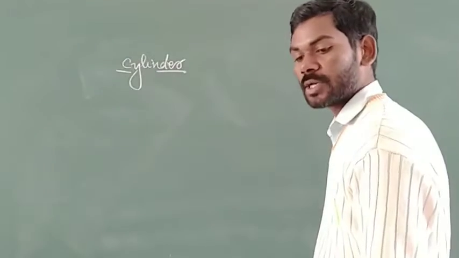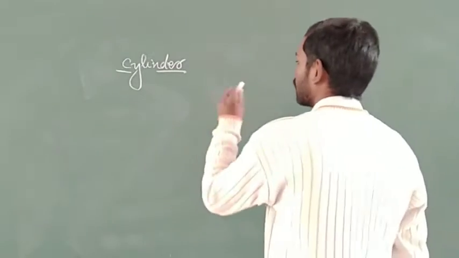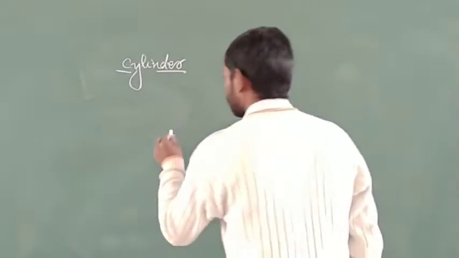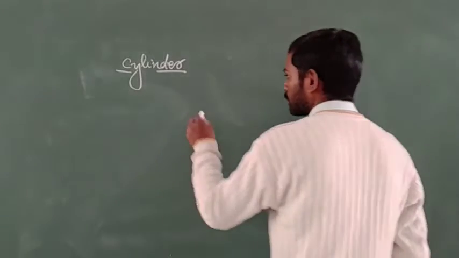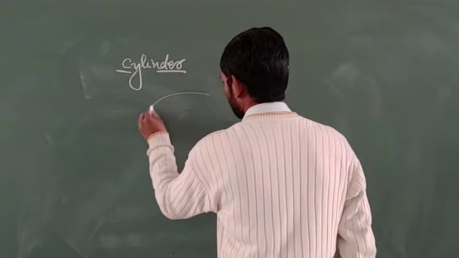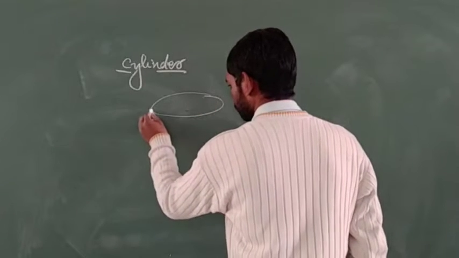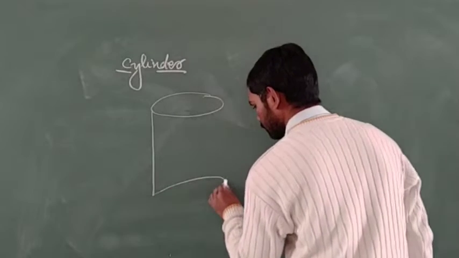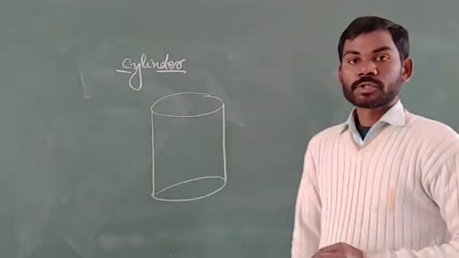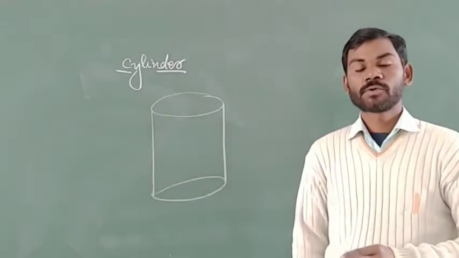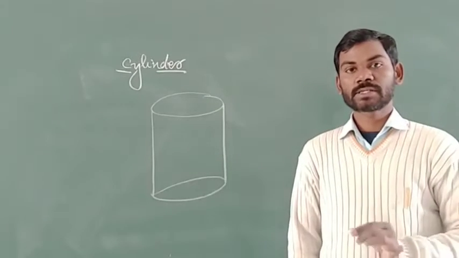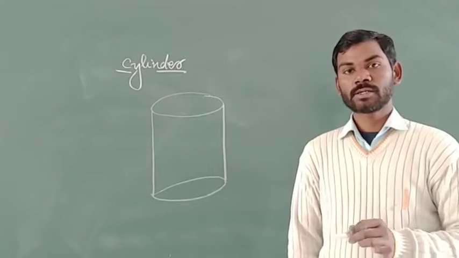If we talk about the cylinder, we shall find that a cylinder has two elements. First of all, let me design the figure. The figure you can see on the screen of your mobile is called a cylinder.